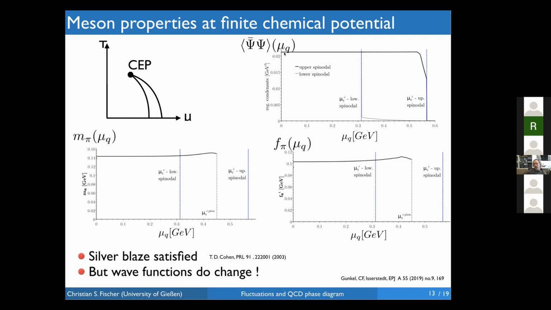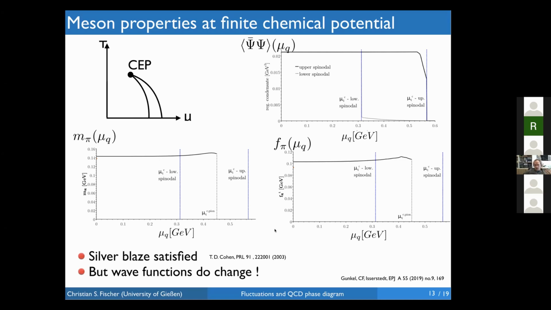And you see that this is just constant, and this constant goes even into the region between the two spinodal lines of the first order phase transition. And we find the same result for the pion mass, again constant up to the spinodal region, and the pion decay constant, which is constant until we reach this region.